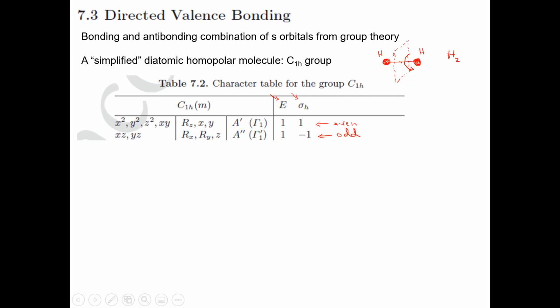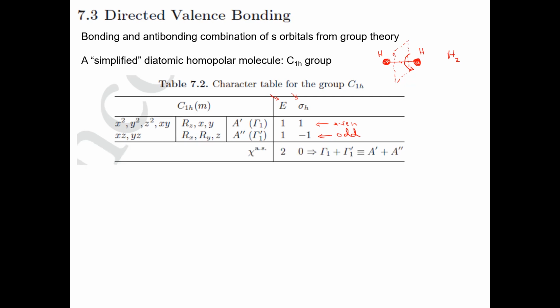Okay, and these are the atomic site characters. When I apply the identity, both atoms remain unchanged, so the character is 2. And when I apply sigma h, they go into each other, so the character is 0.